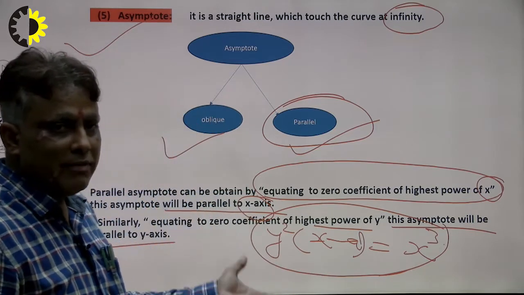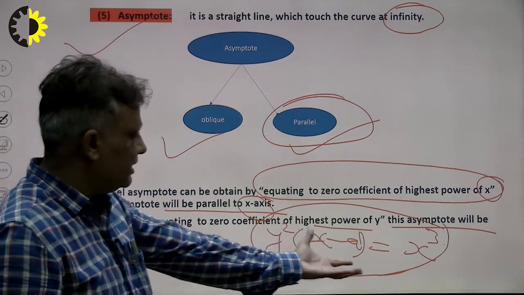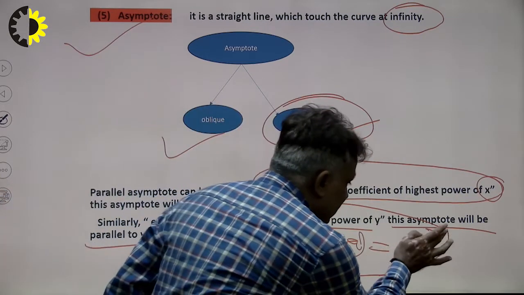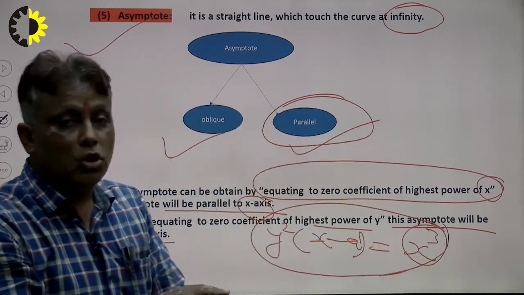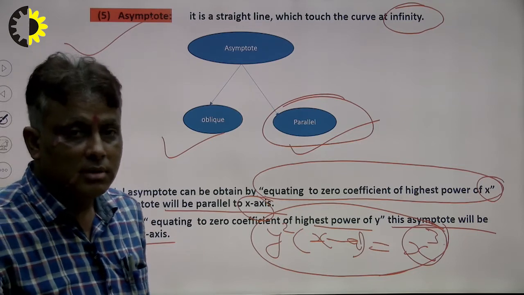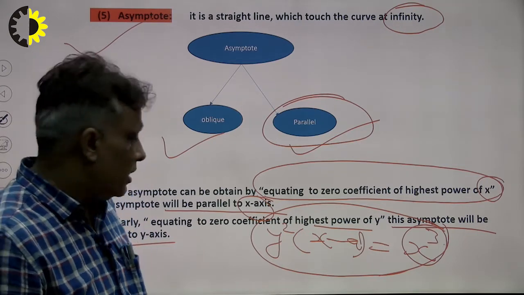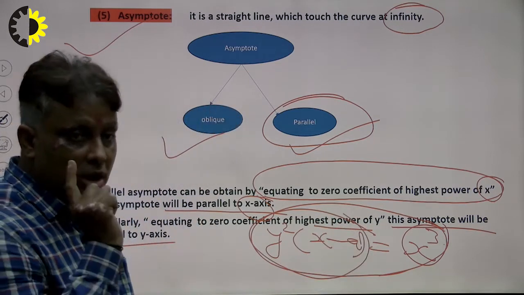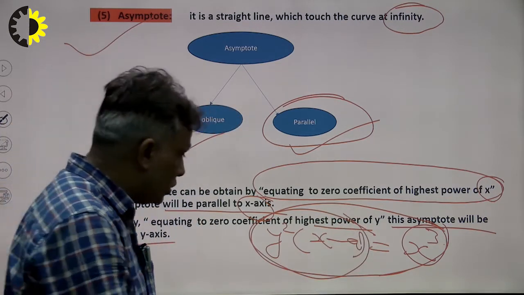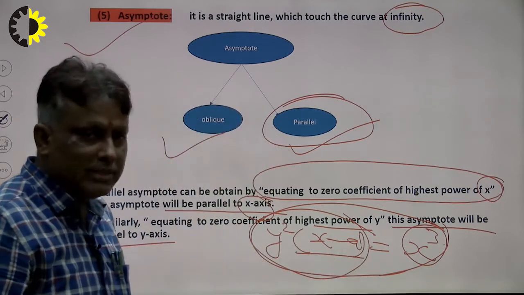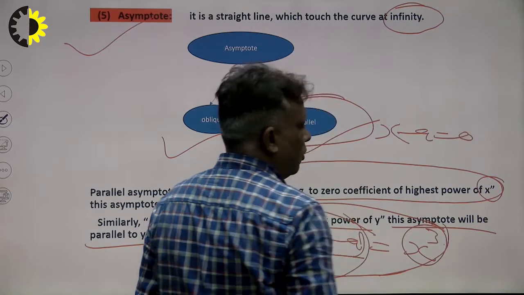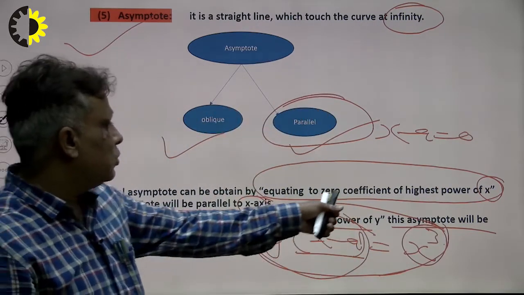Now I want to calculate the tangent; we can calculate it easily, but our aim here is to calculate the asymptote. The highest power of x is x cubed, and there is no coefficient of y here. Now the highest power of y is y squared, and its coefficient is x minus a. That means x minus a is the asymptote of this curve, that is, x equal to a is the asymptote.